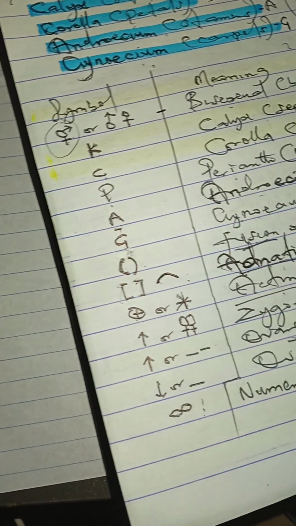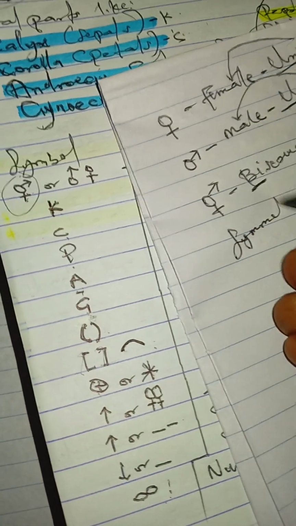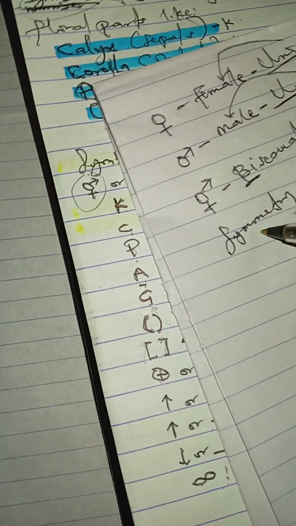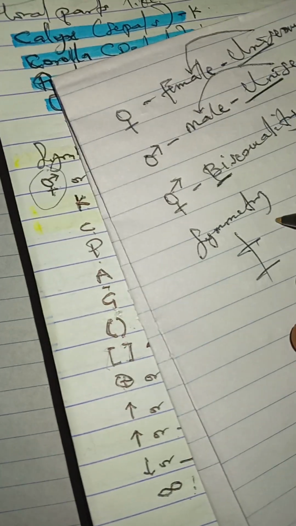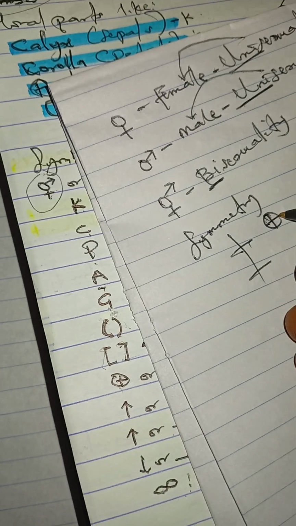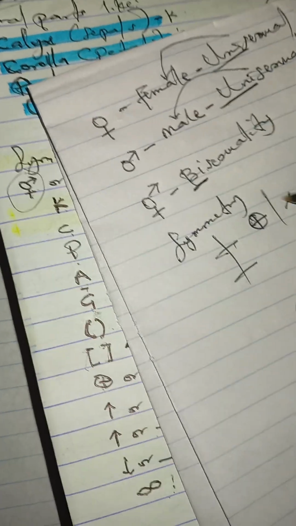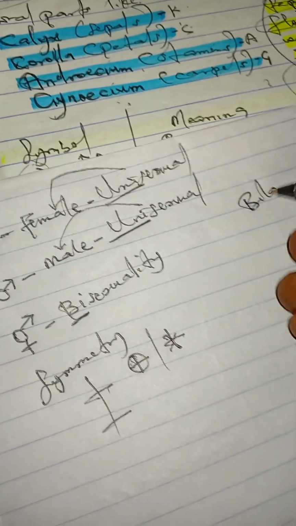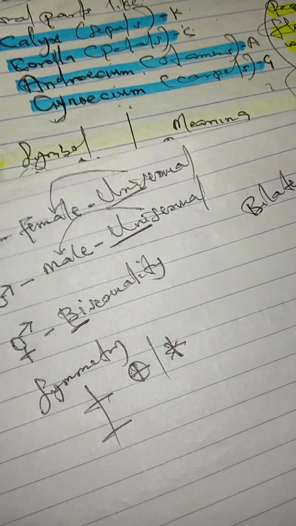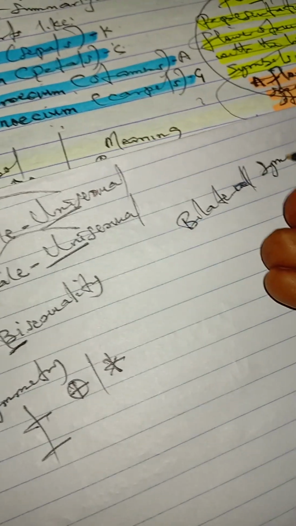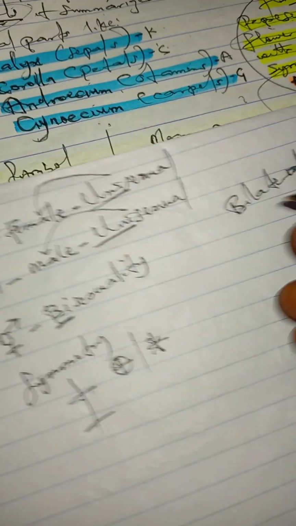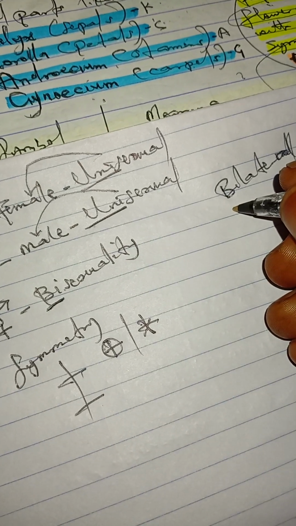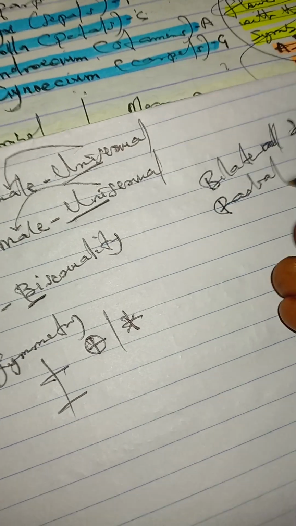Now we have these symbols. This symbol here and this one signify actinomorphic symmetry. In terms of symmetry, which is body division, at least primarily we have this. We also have this. At least I think in zoology we have bilateral symmetry. We also have radial symmetry.